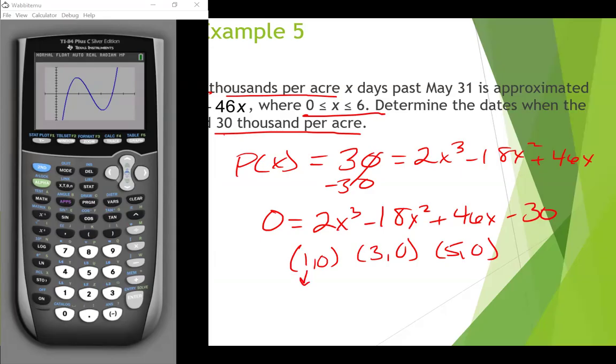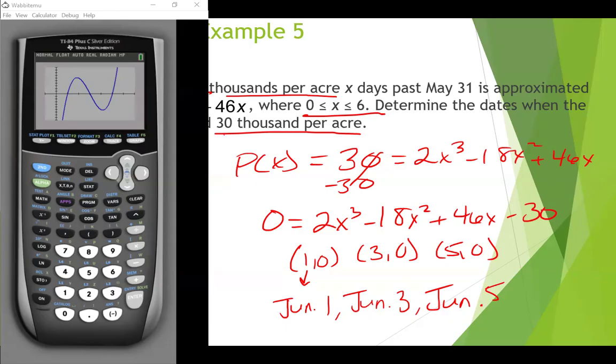Okay. So what this means is that after 1 day of May 31st, which would be June 1st, right? So one answer would be June 1st. My other answer would be June 3rd. And then my final answer would be June 5th.